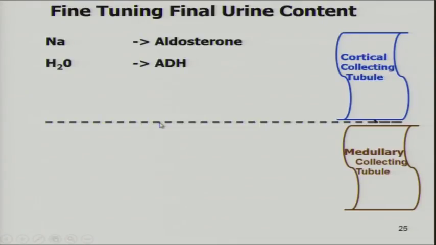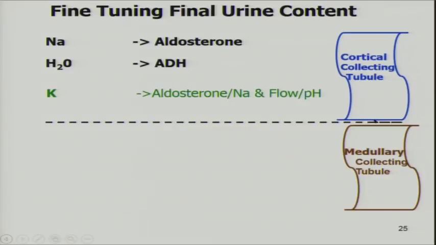What's fine-tuning the urine concentration, in other words, the ability to reabsorb water, is ADH. And these two things, remember, are acting independently, but often codependently. And the stimuli for one may be similar to the other, or may be different, which we're going to talk about.